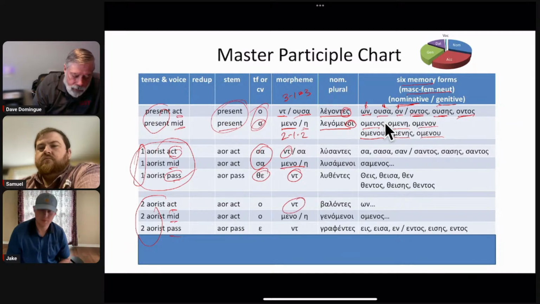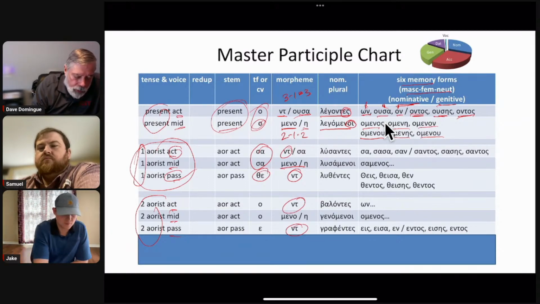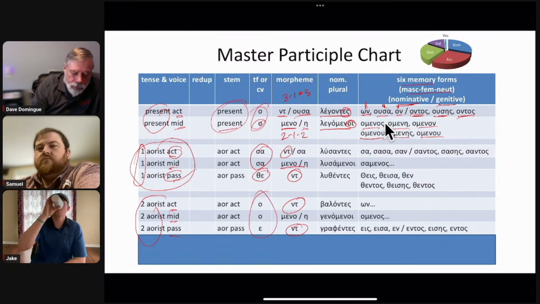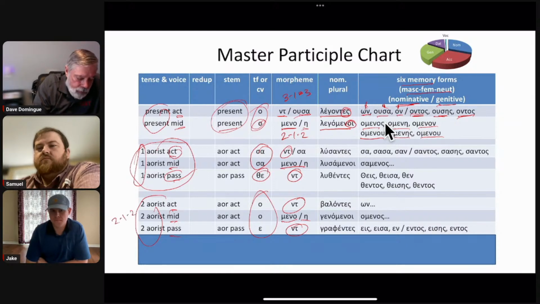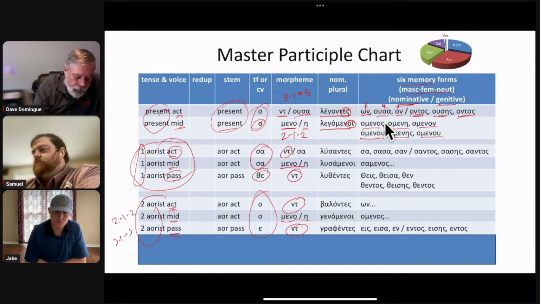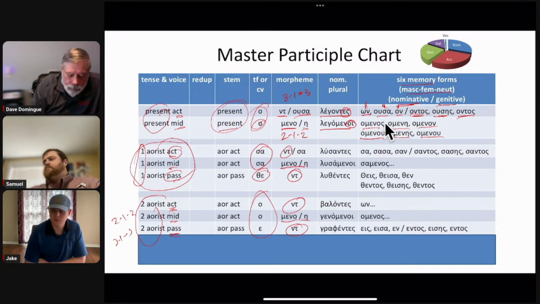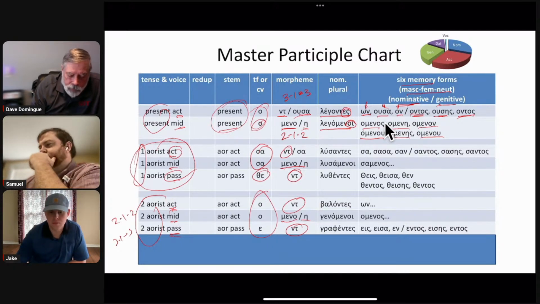Again, active and the aorist passive are going to use the new tau. And we're not going to have the tense formative, but we'll have the connecting vowels. And we'll have minna, minne for the middle because it's using the 2-1-2 pattern, the 3-1-3 pattern for the passive and the active. And you just need to know the case endings.